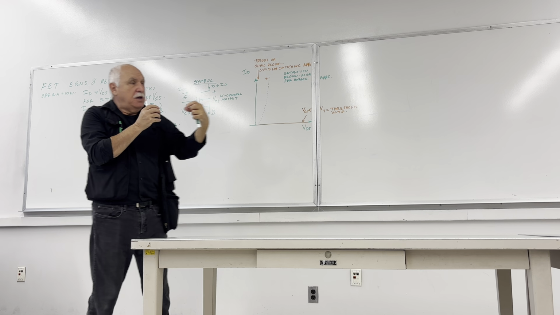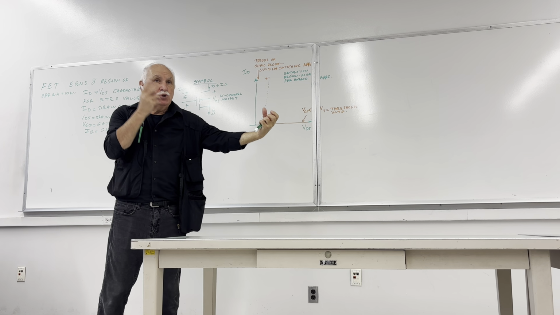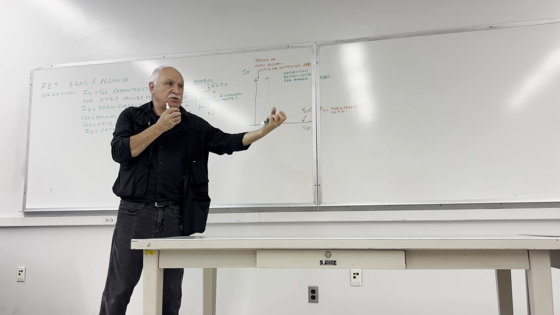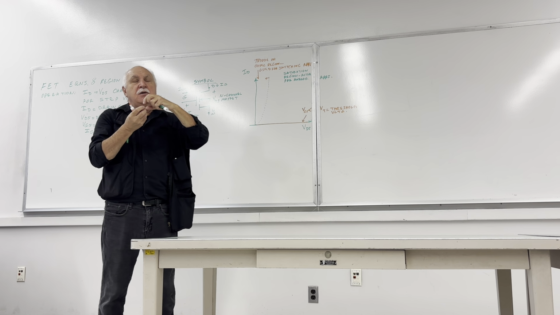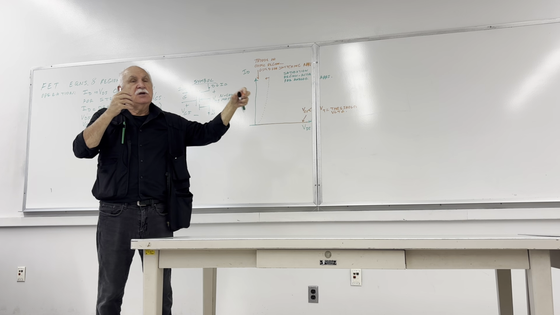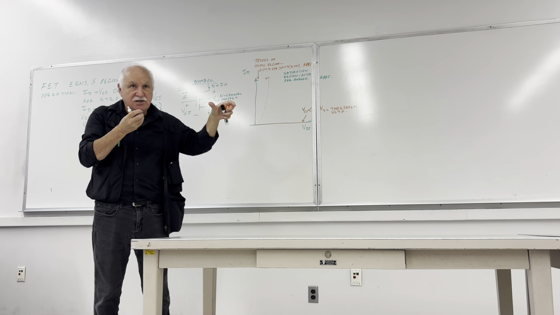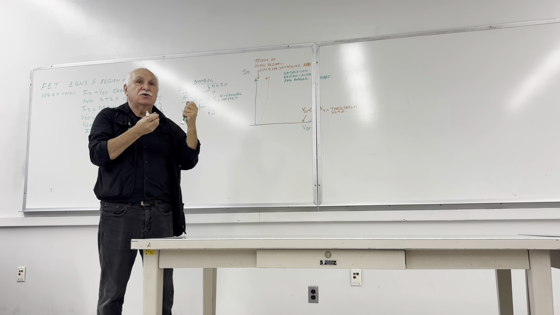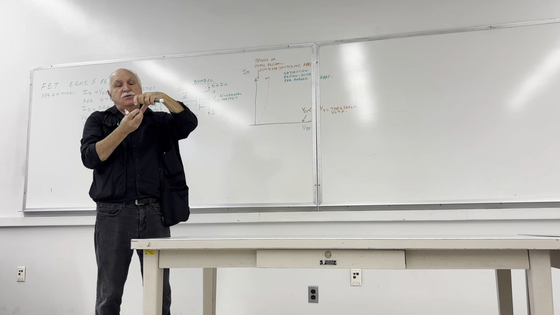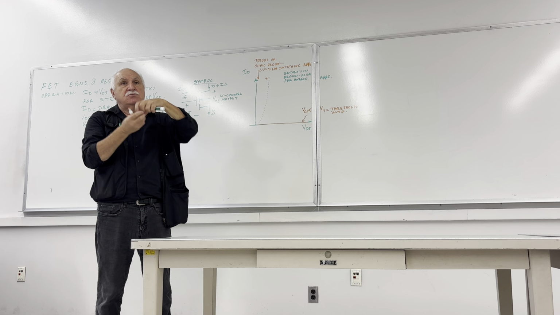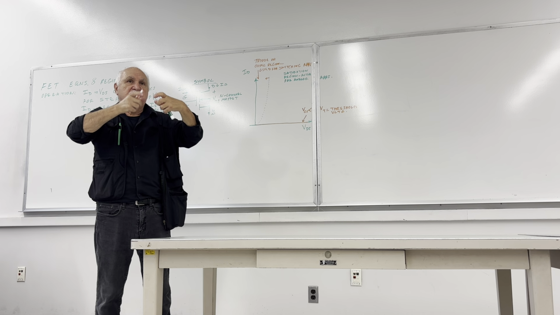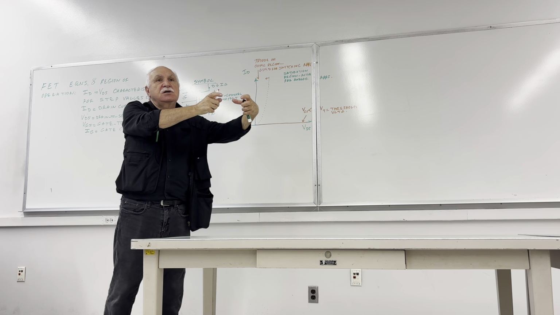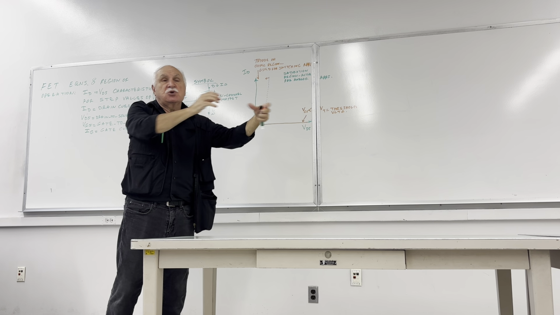And then there are two N regions. One is for the drain, one is for the source. And once we have mobile electrons in all three regions, the channel, which is inverted into an N-type, the source and the drain, these are all N-types.